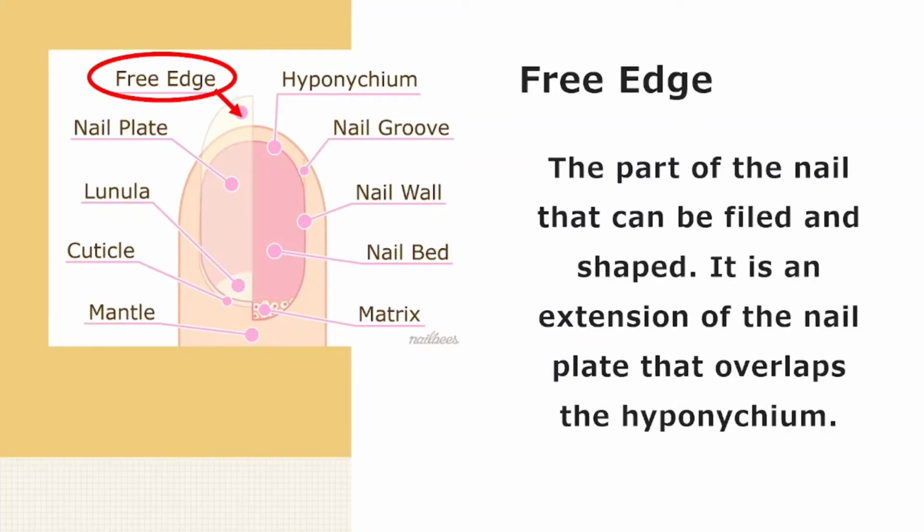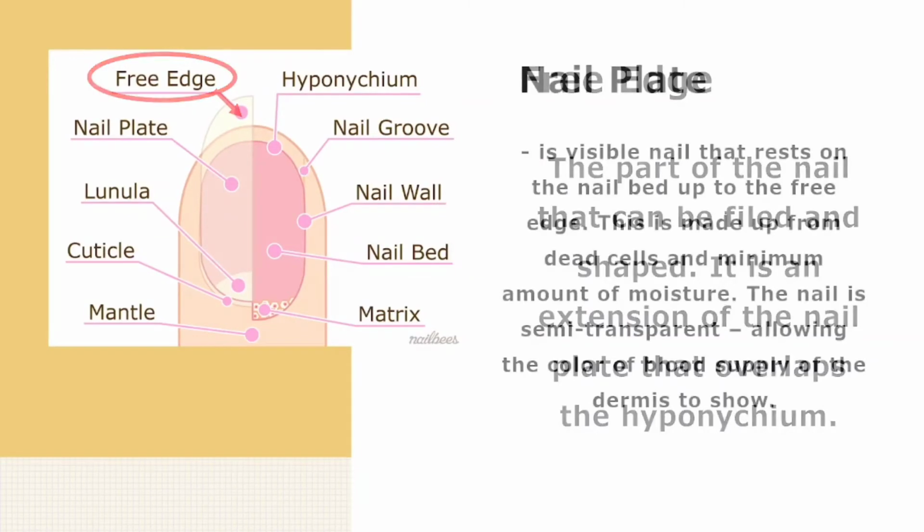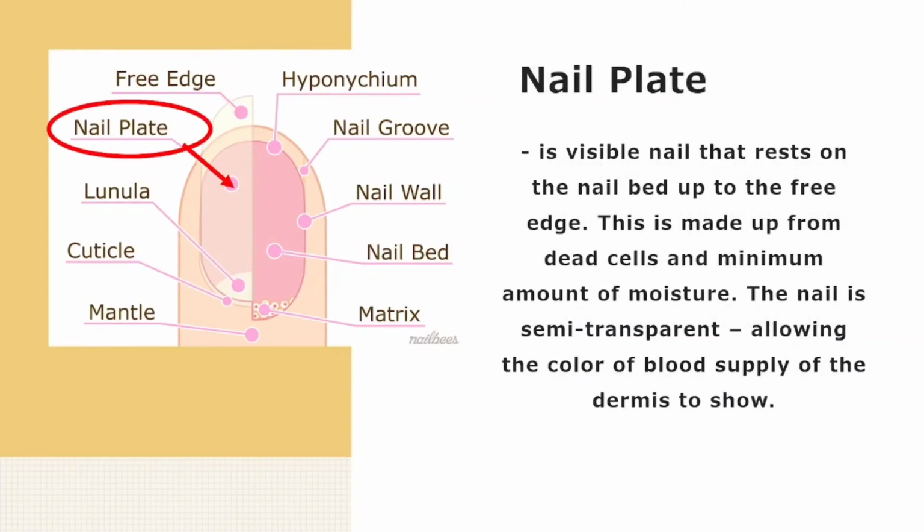Next, nail plate. Nail plate is the visible nail that rests on the nail bed up to the free edge. This is made up of dead cells and a minimum amount of moisture. The nail is semi-transparent, allowing the color of the blood supply of the dermis to show.